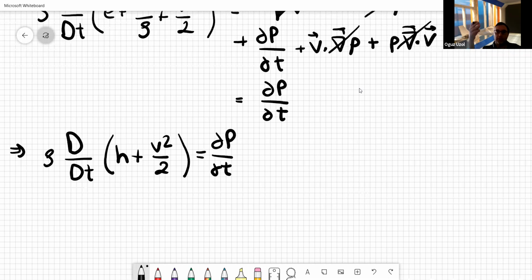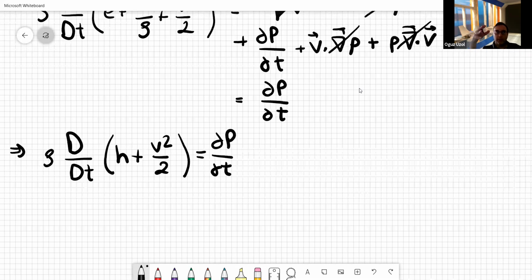Let me remind you, after all this simplification, this equation is the energy conservation equation for an adiabatic process with no body forces.